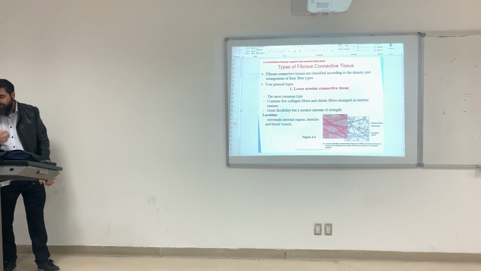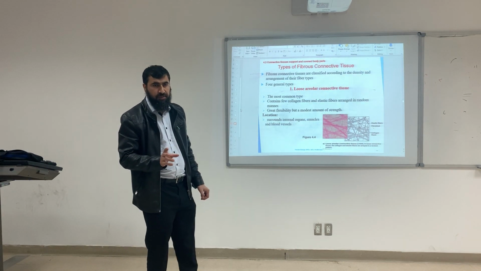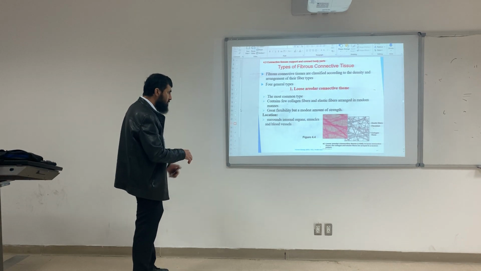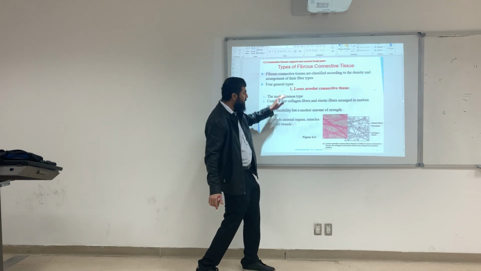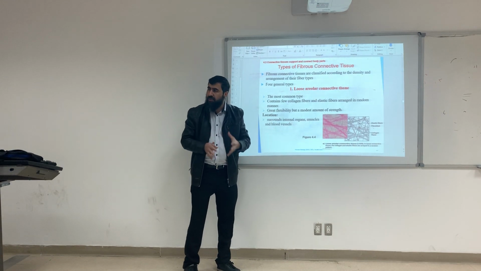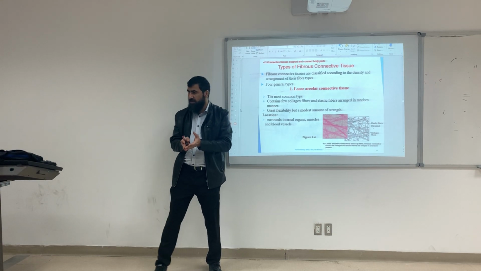Alright, so let's move on to the table. Again, location and function, okay? It's very important here, the same as we did with epithelial tissue. Loose areolar, we find it around the internal organs like the stomach, bladder, and so on, muscles, and around blood vessels, okay?